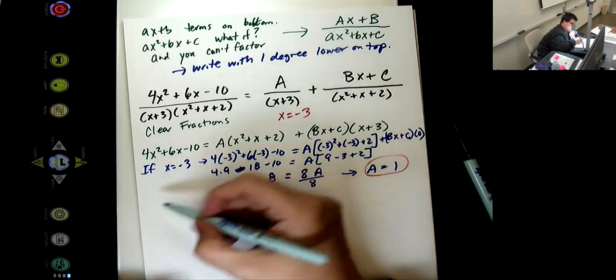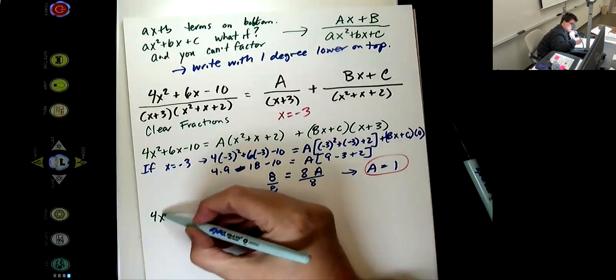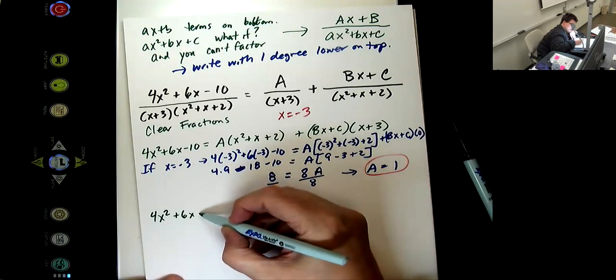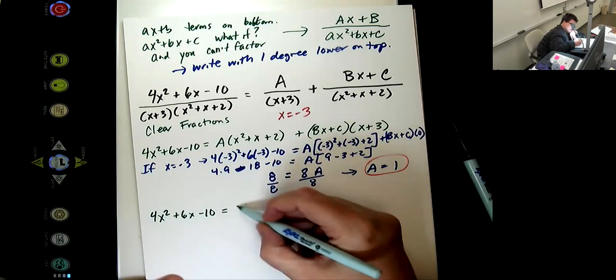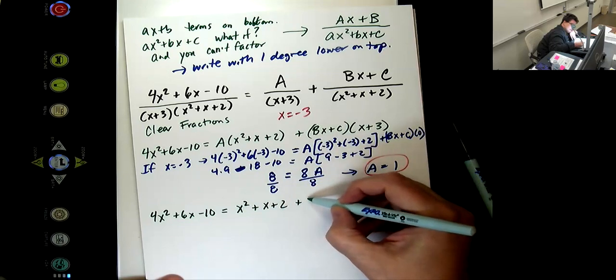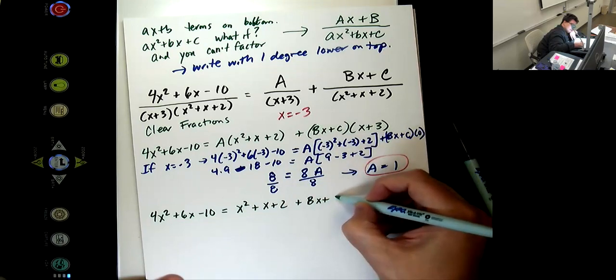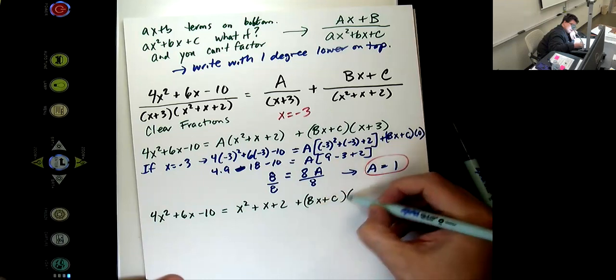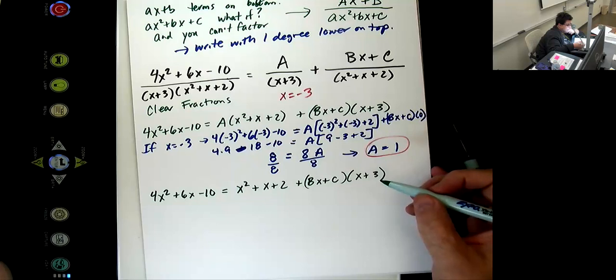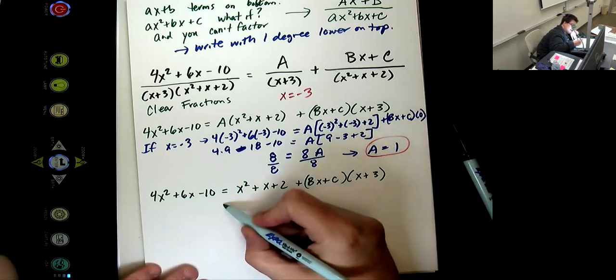If I stick in A equals 1, we need to multiply that out.